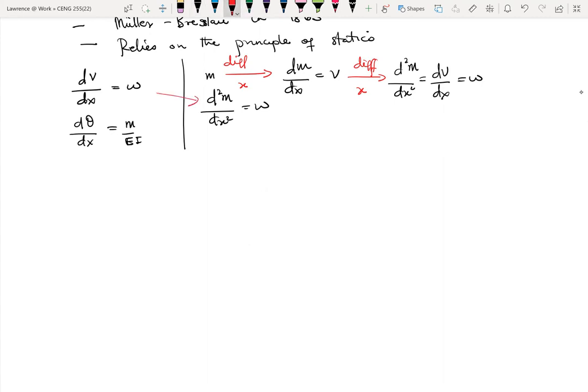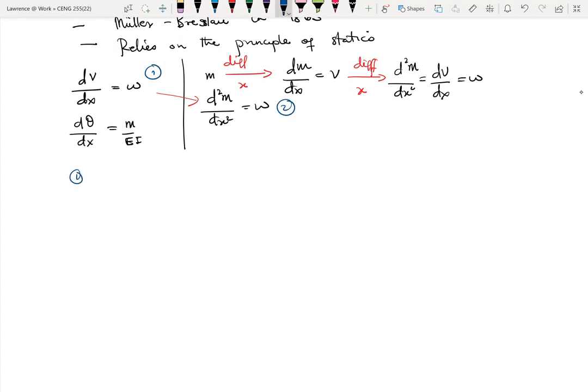For one, you are differentiating the moment, which means you need double differentiation, and for the other, you are differentiating the shear, so it's only one differentiation. In the same way, with these first two equations, let me label them equation 1 and equation 2.